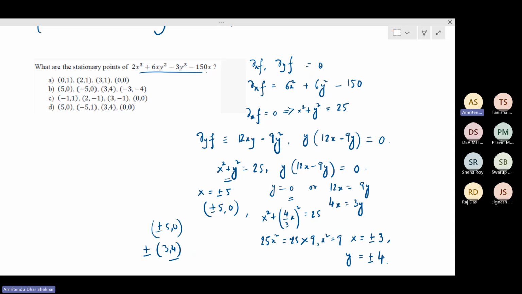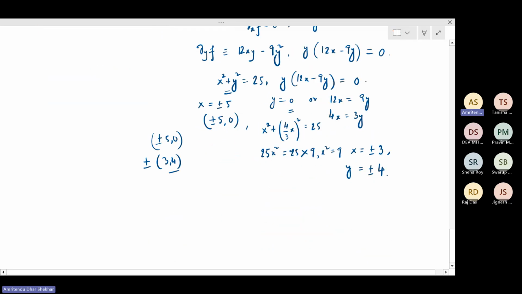When I say isolated critical points, what I mean is that the set of points where the derivative vanishes is basically a discrete set. Let's take an example of what a discrete set is.